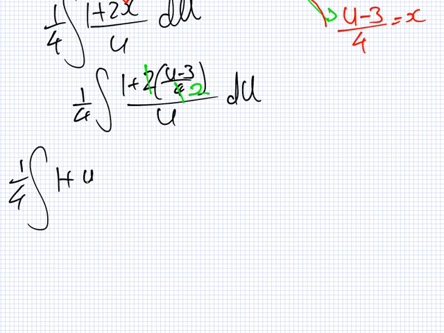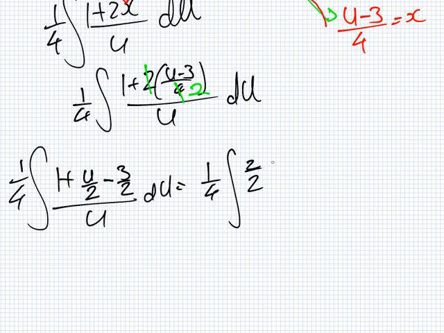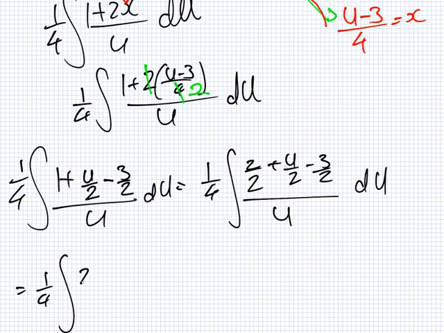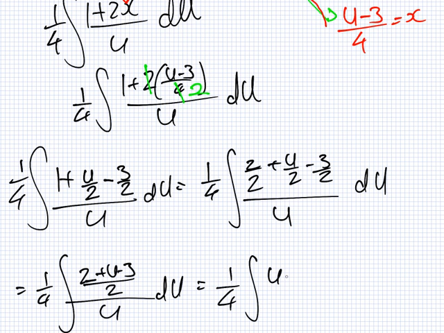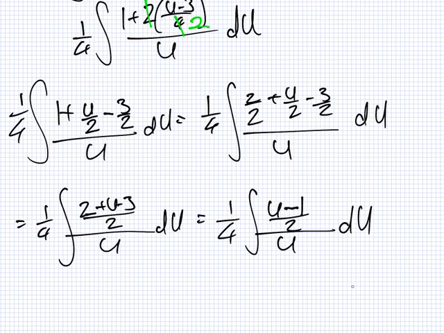So it'll be 1 plus u over 2 minus 3 over 2, all over u, du, which is a quarter of 2 over 2 plus u over 2 minus 3 over 2, over u, du, which is a quarter of 2 plus u minus 3 over 2, over u, du, which is a quarter of u minus 1 over 2, over u, du, which is an eighth of u minus 1 over u du.